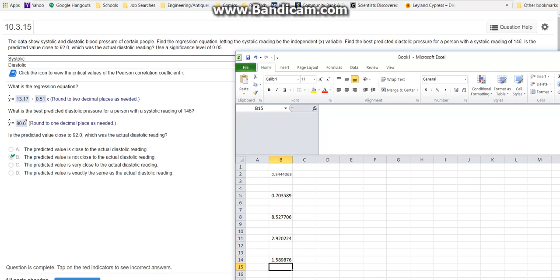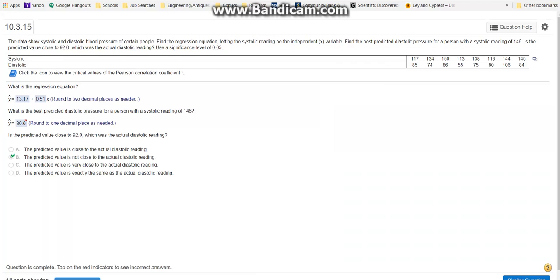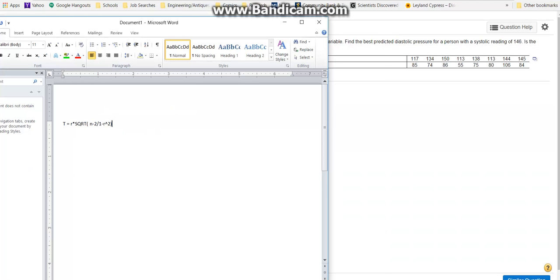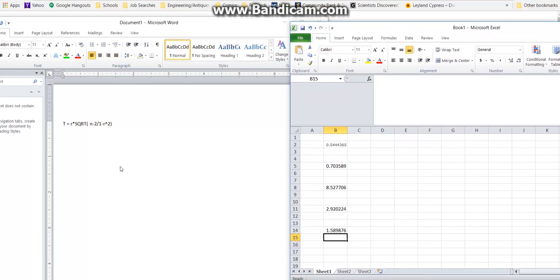So again, going back and looking at the formula, let's make sure that we have it. There's my formula. So n minus 2 over 1 minus r squared gives us this result right here. Square root of that gives us this result. Times r gives us this result right here.